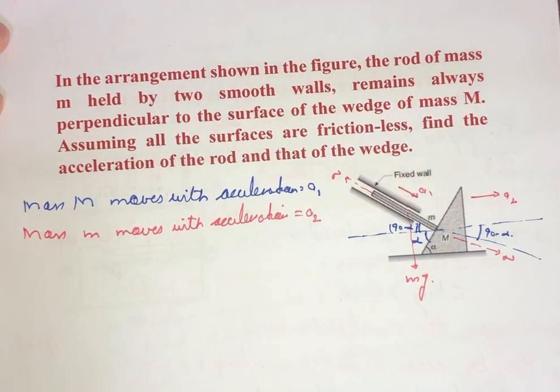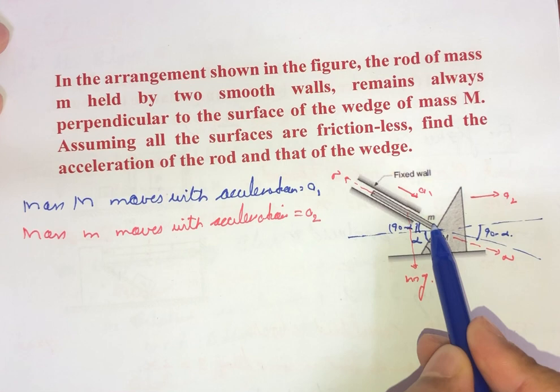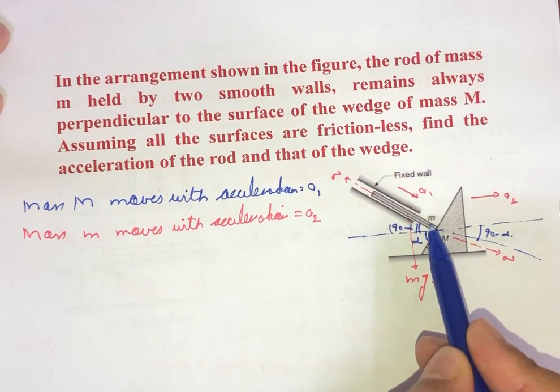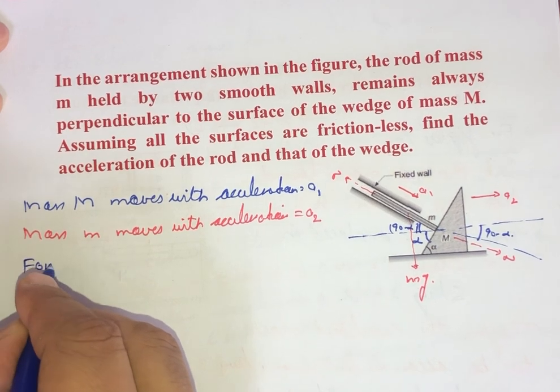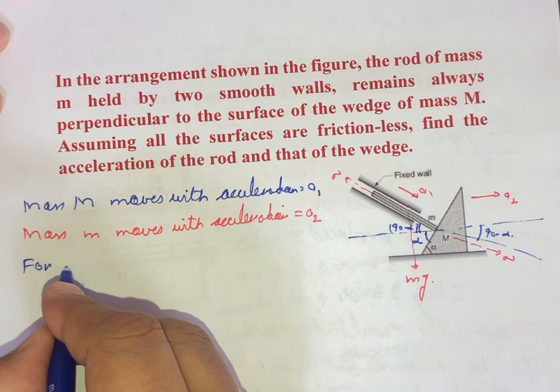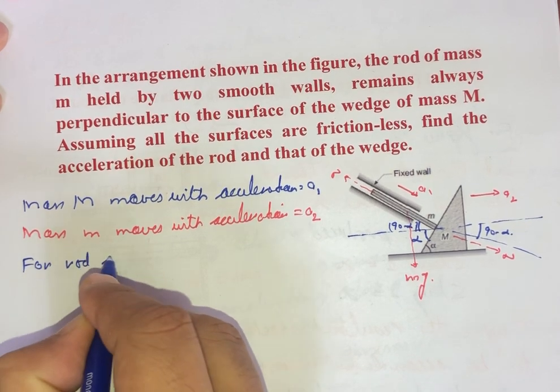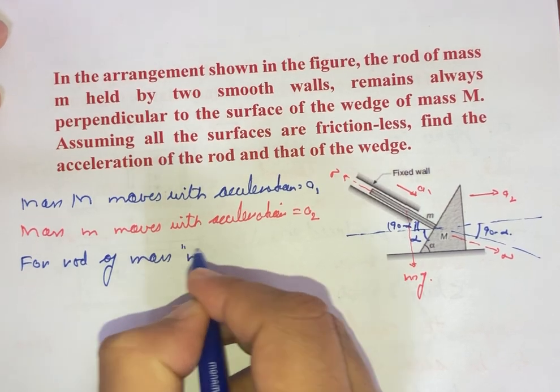Okay, so let us consider first of all the rod of mass small m.